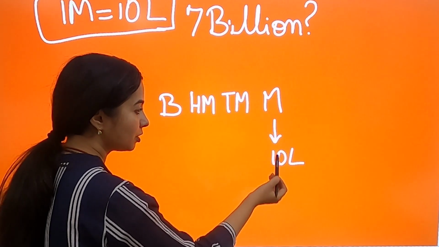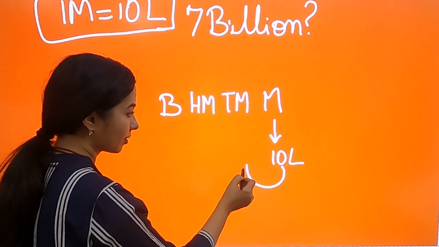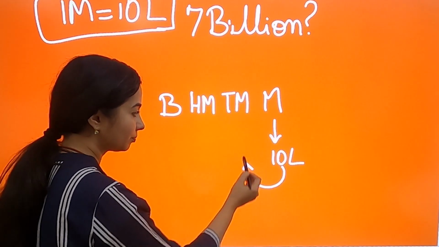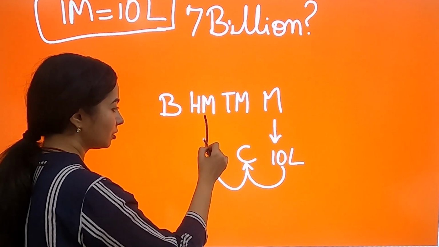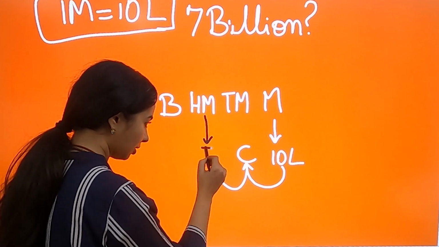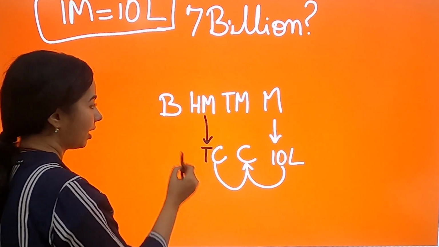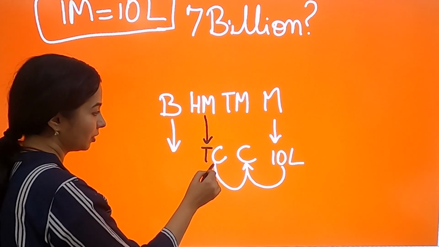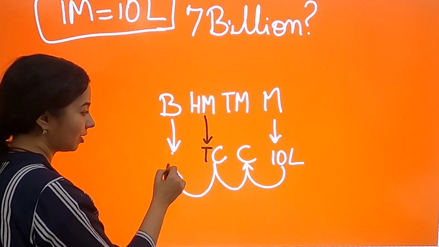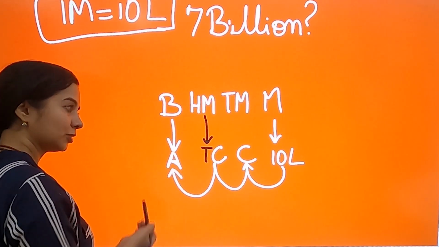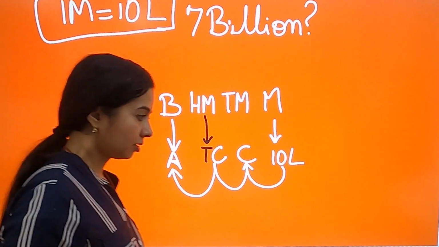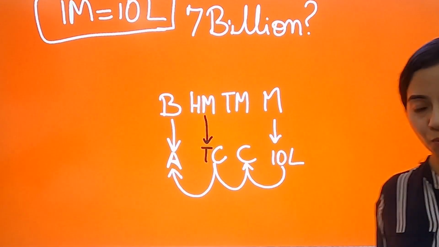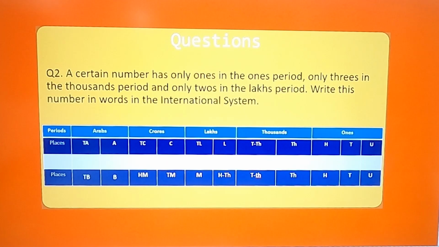So if 1 million is equal to 10 lakhs, then 10 million will be equal to 1 crore. 100 million will be equal to 10 crores. And 1 billion will be equal to 1 Arab. So we got it. It's a shorter version of what we have done earlier.